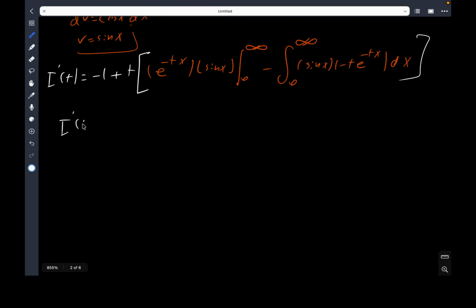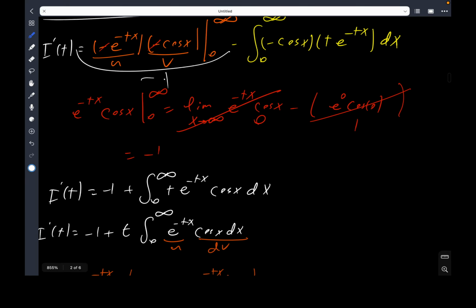So I prime of t is negative 1 plus t. This limit is going to go down to 0 if you calculate it the way that I did here.